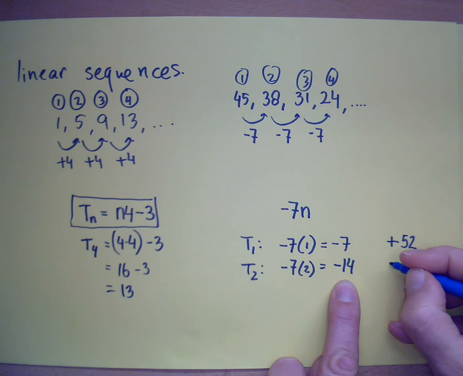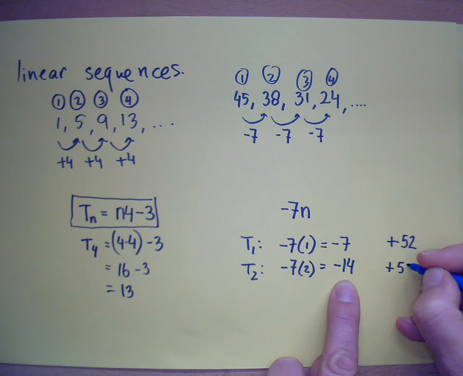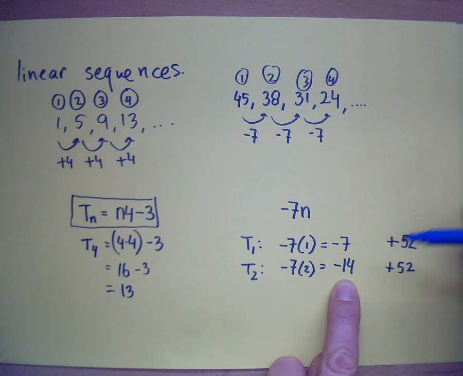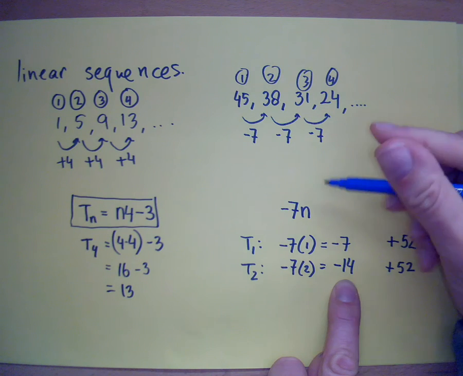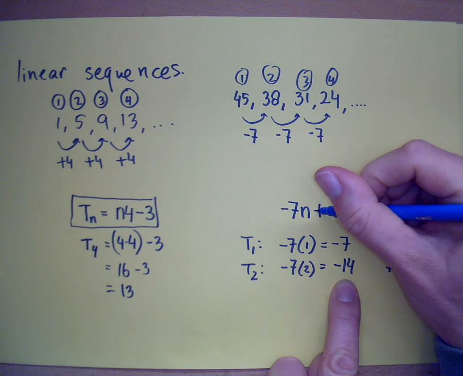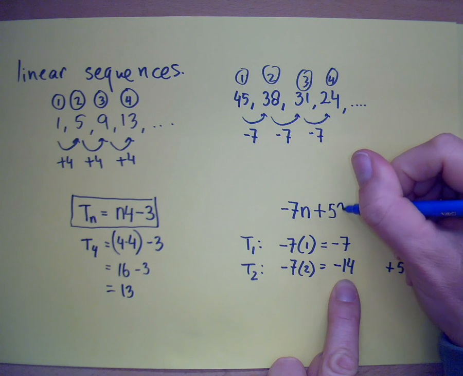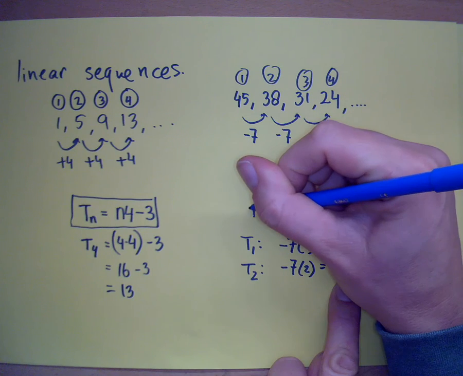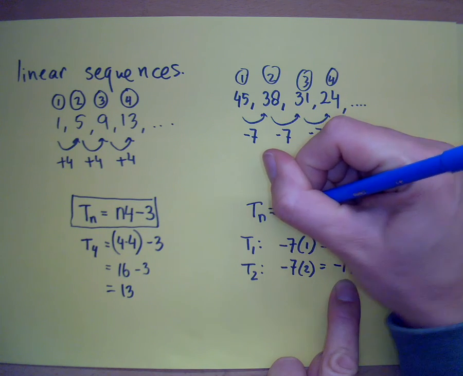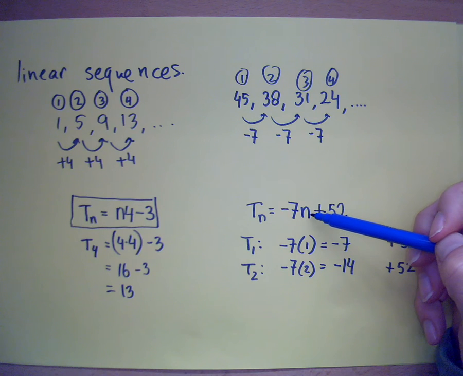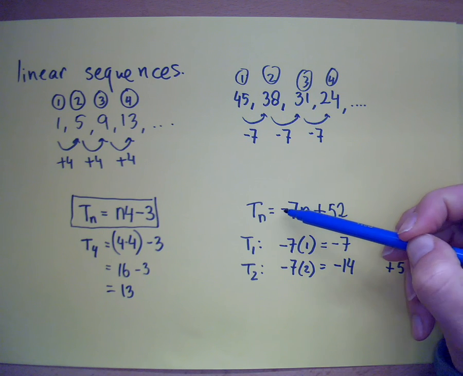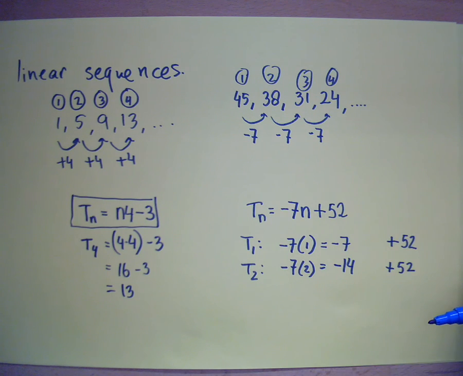That's also a difference of plus 52. So we found it twice now. I think we can be sure that any term can be found by multiplying the position of the term by negative 7 and then adding 52.